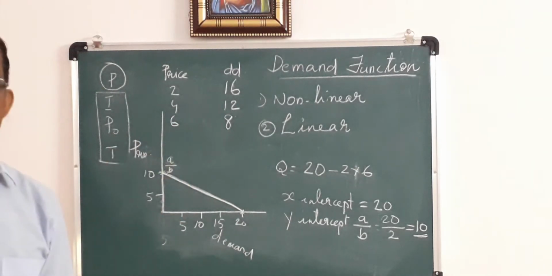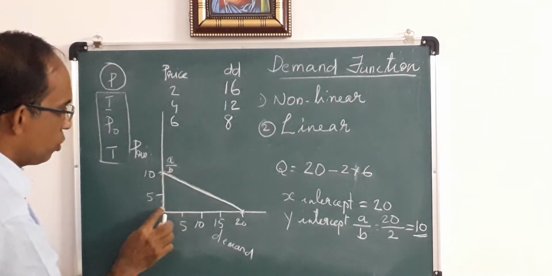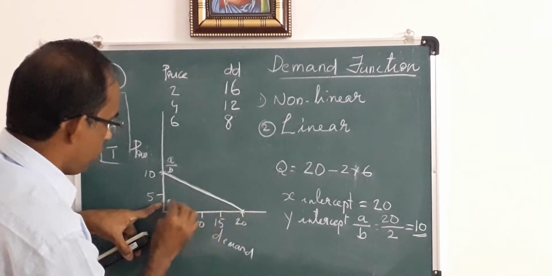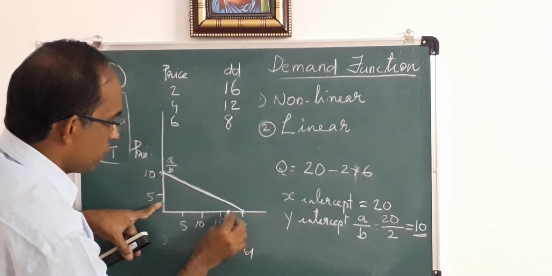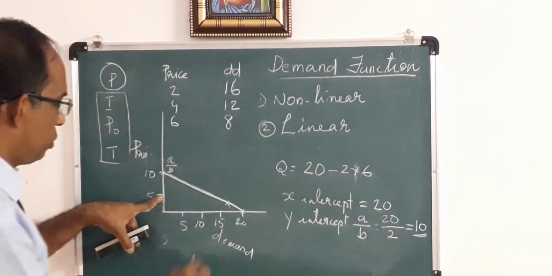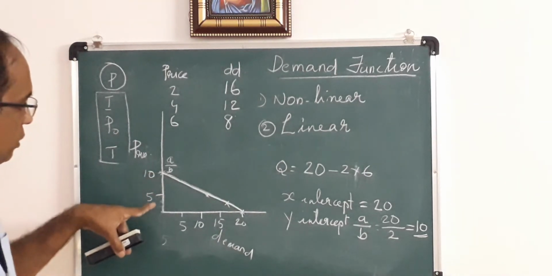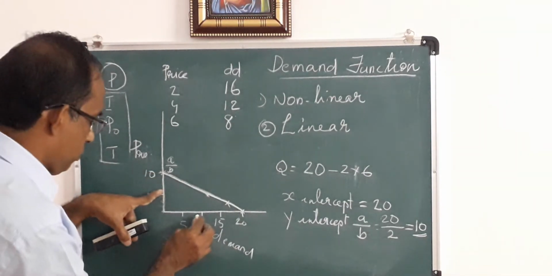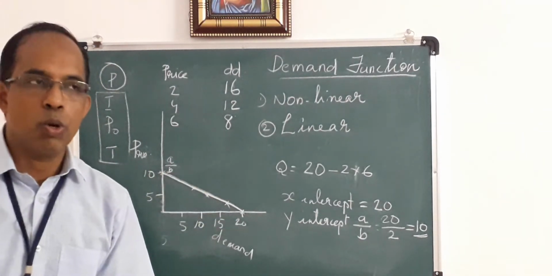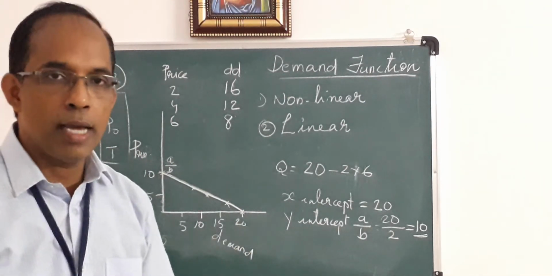When we plot this price and demand, at rupees 2 the demand is 16, at rupees 4 demand is 12, at rupees 6 demand is 8. And all these points fall on this straight line. This is called linear demand function.